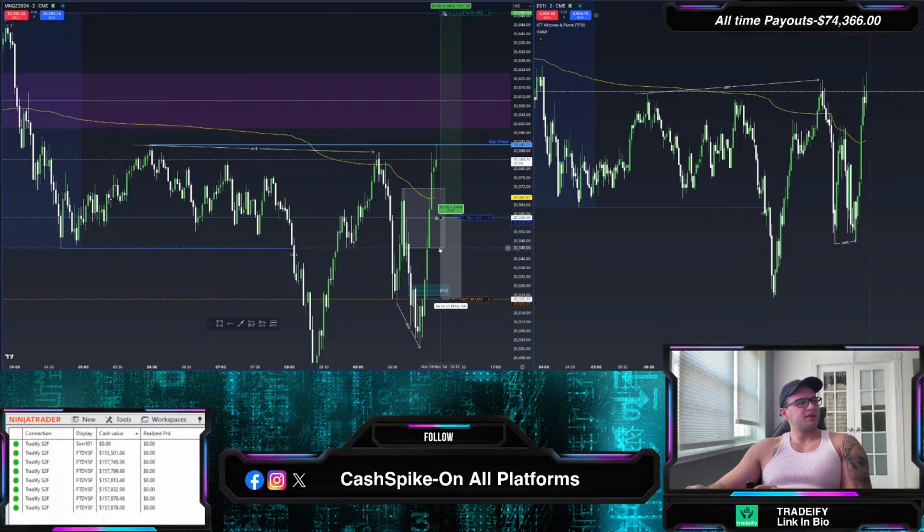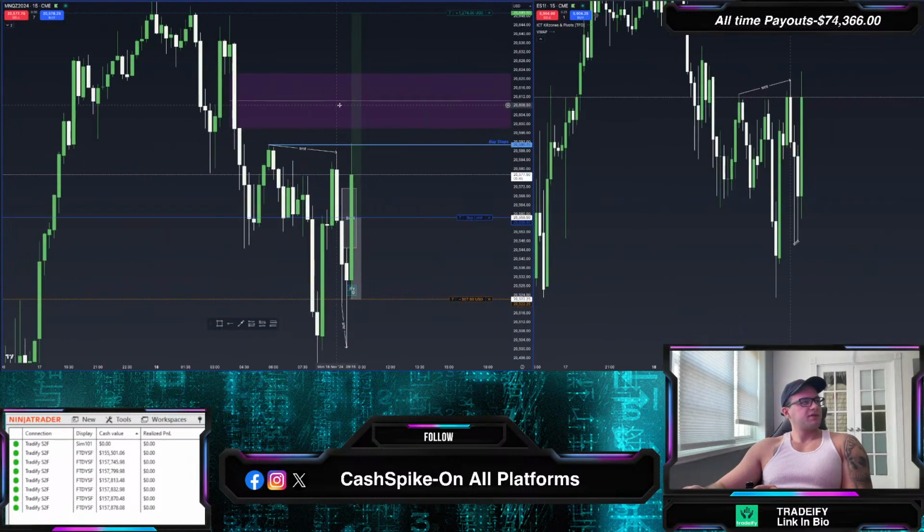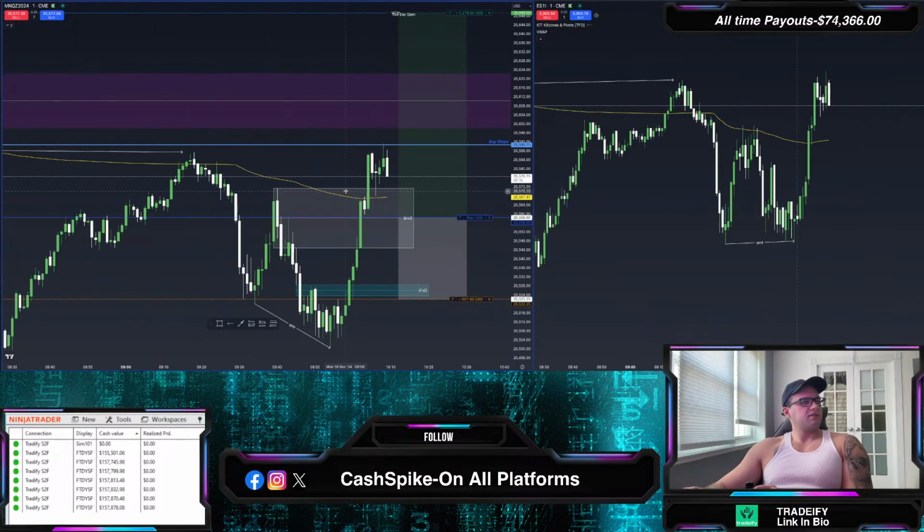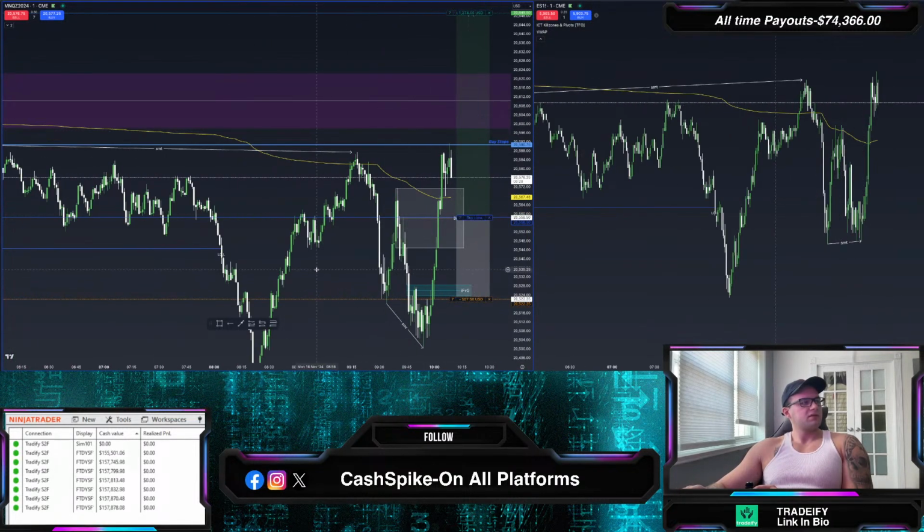And it's swept this. I'm still looking for it to pull to this fair value gap and retest it. It didn't give us any entry. It was just straight up here.